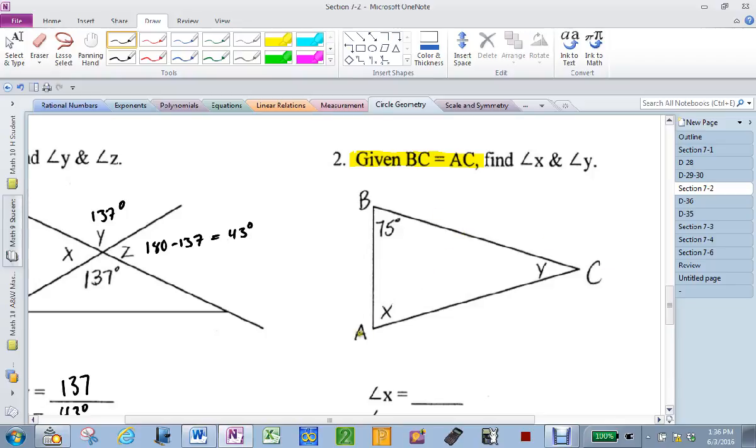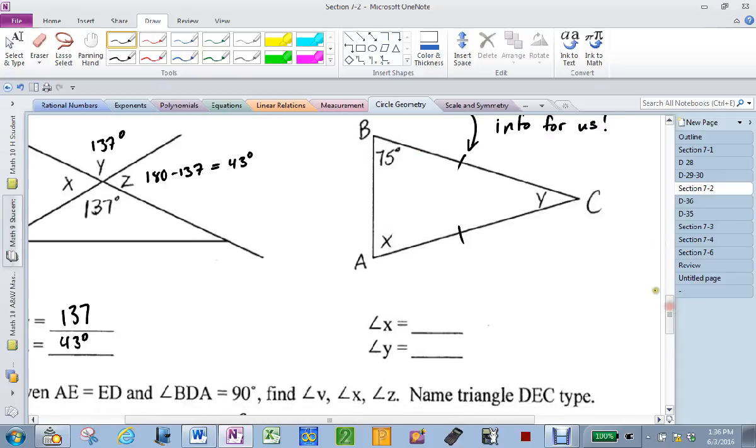BC is the same as AC. Oh, okay. So I can put my lines on there. This is info for us. So now that I know they're the same, am I in business? Yep. As soon as I see those are the same, how big is X? 75. Why?